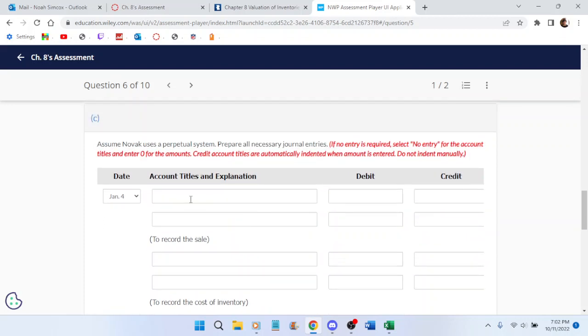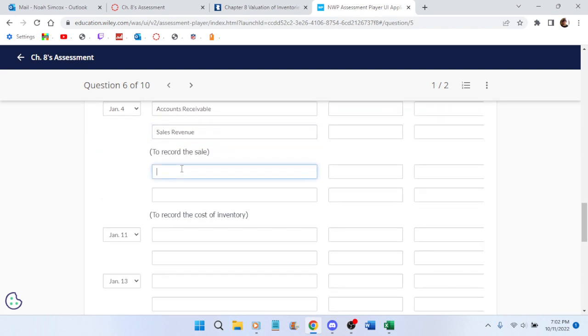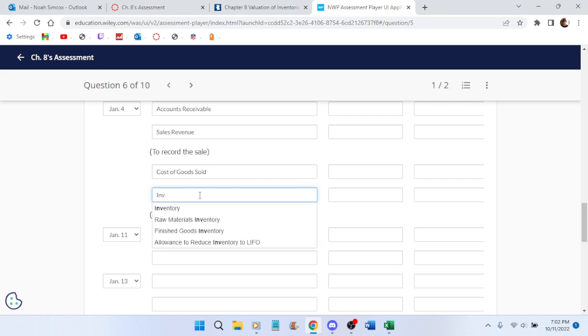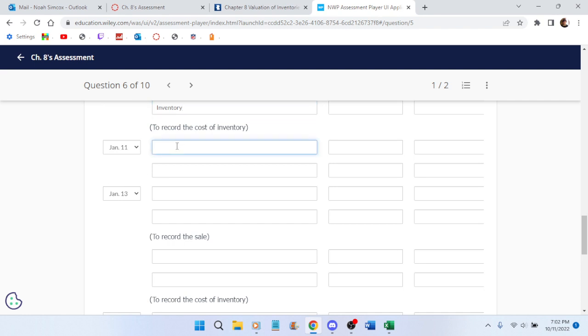So there's obviously a sale, so you go accounts, let me just see, sales, revenue, cost of goods sold, inventory, and then for this one they probably purchased stuff.